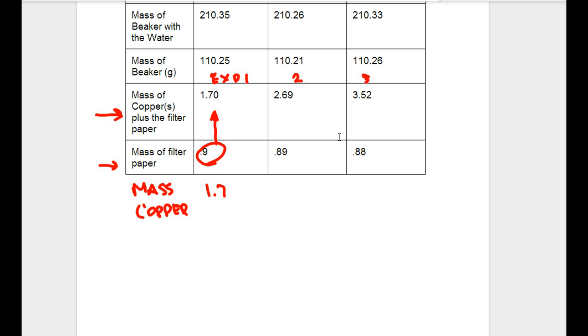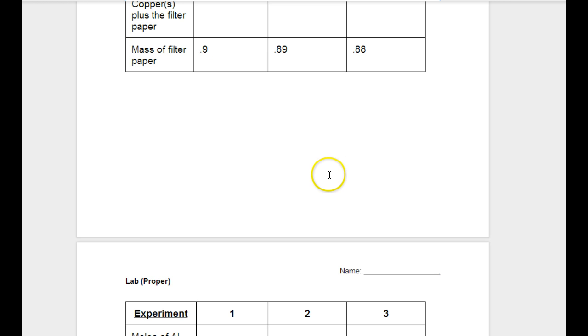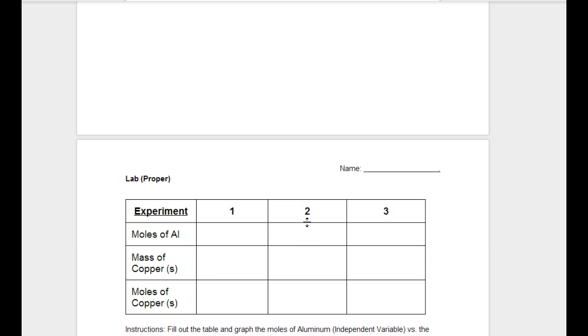So 1.70 minus 0.9, this should give us the mass of copper as being 0.8. And if you do that going through the entire table, what you would find for the mass of copper should be 0.8 grams, 1.8 grams, and 2.64 grams.